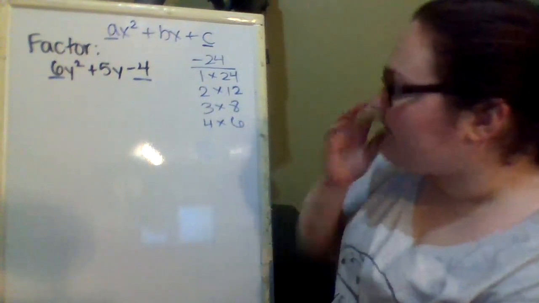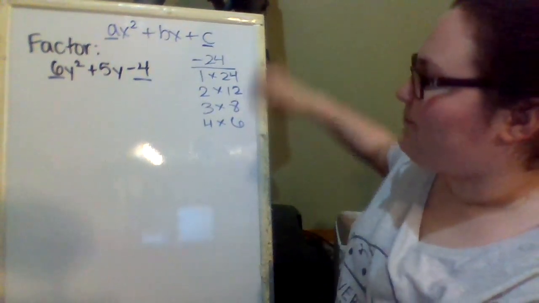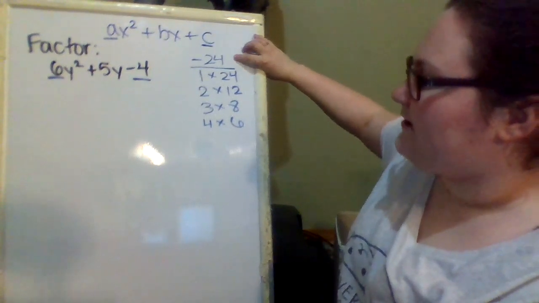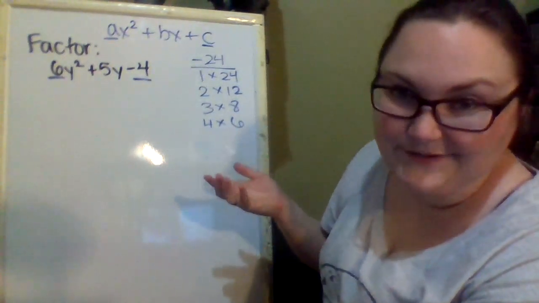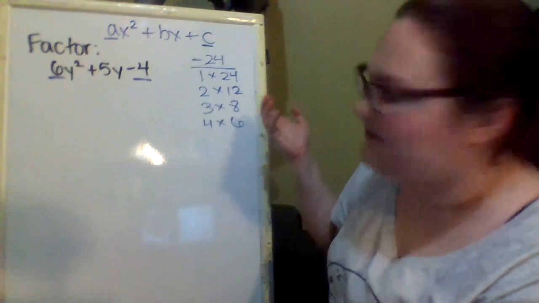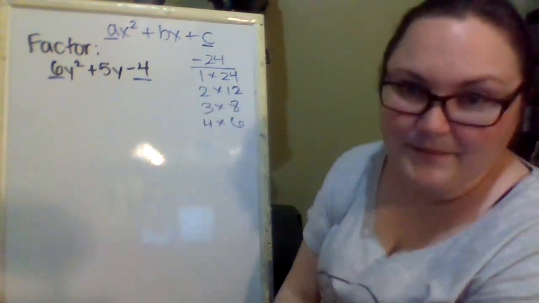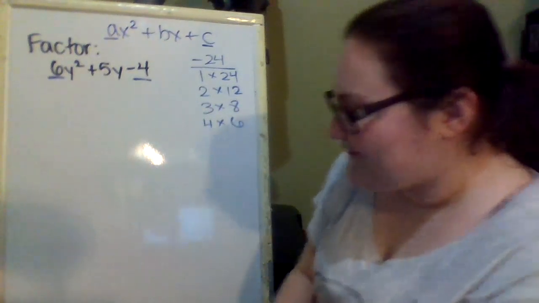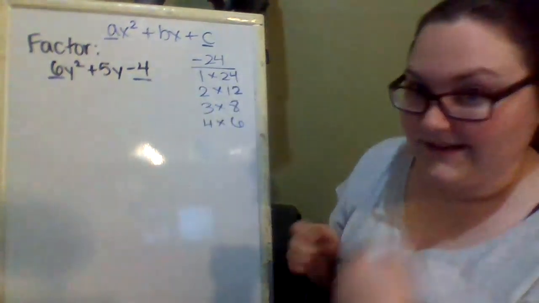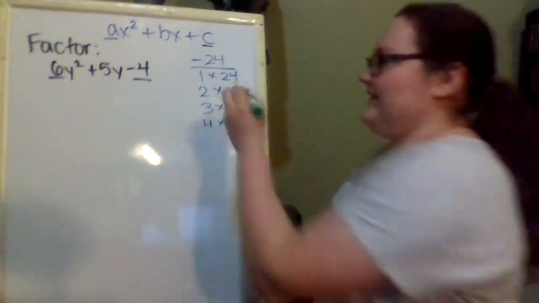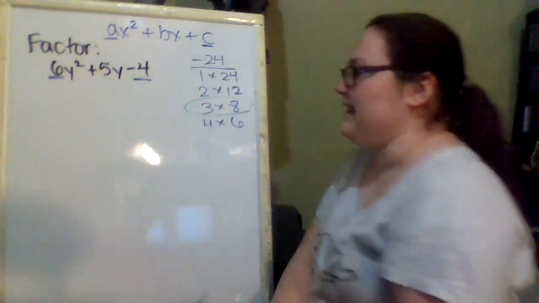Now remember, I'm looking for a pair of numbers that multiplies to give me negative 24. Now any of these could multiply to give me negative 24 if I put in a negative sign, but I'm also looking for the pair that could combine to give me that plus 5. And after looking at it for a moment, you might find that that pair we're going to use is going to be 3 and 8.